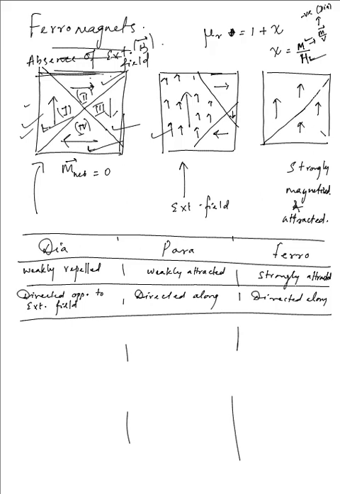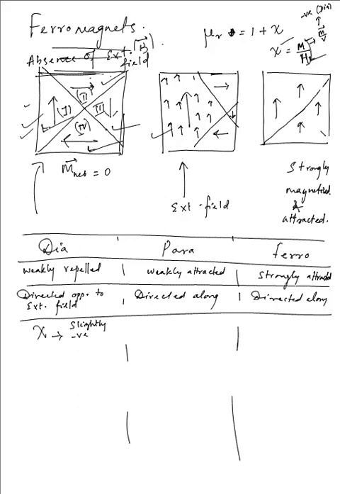And because it is negative, this entire term becomes negative. That is, susceptibility is negative in the case of diamagnetic material. So susceptibility in diamagnetic materials is slightly negative.